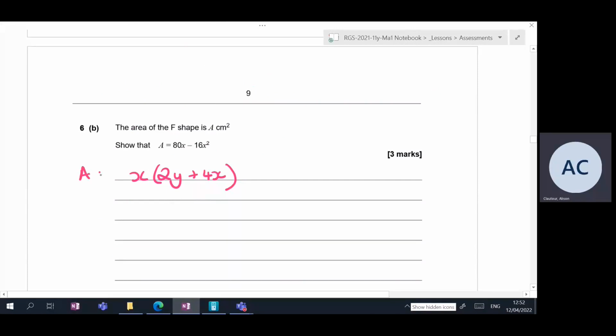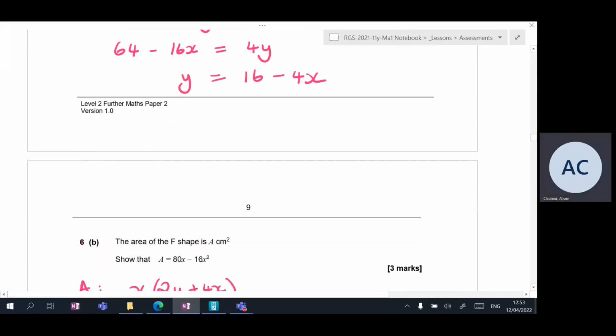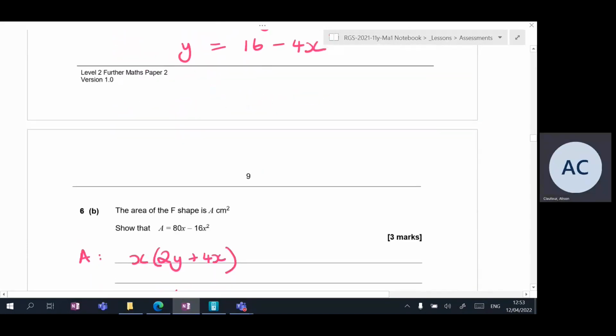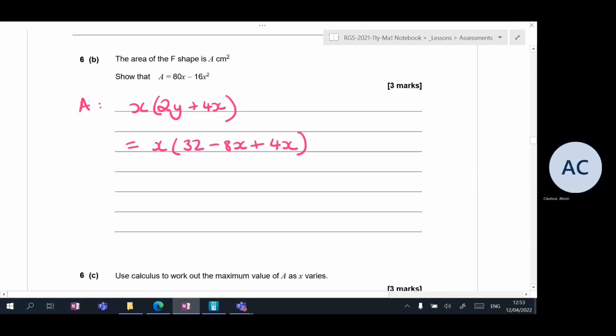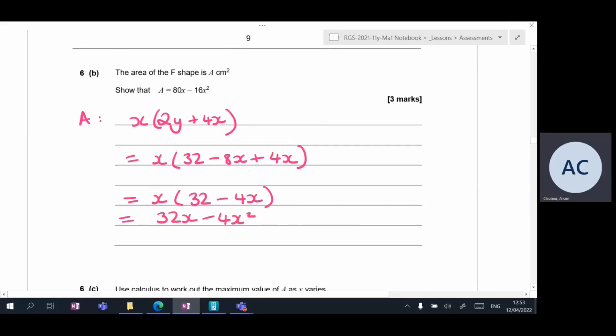Okay, so this is the area of A. Okay, we just worked out an expression for y, so I'm going to substitute that in. So that will now be 32 minus 8x, so we've got 32x minus 4x squared.